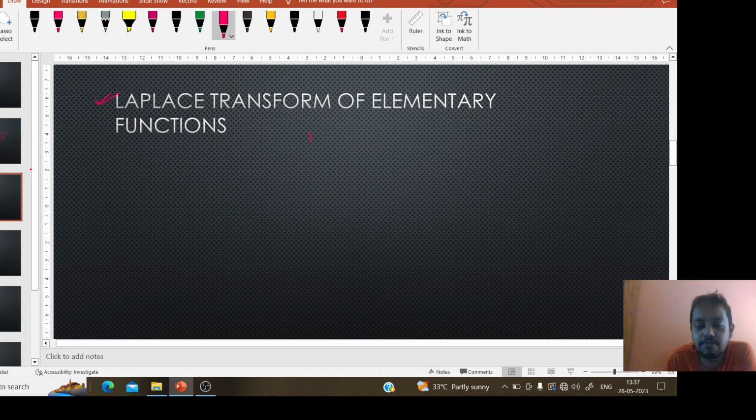Here, we consider f of t equal to a constant; f of t as an exponential function e to the power kt; f of t equal to t to the power n, where n is any positive integer; f of t equal to sine kt; and f of t equal to cos kt.